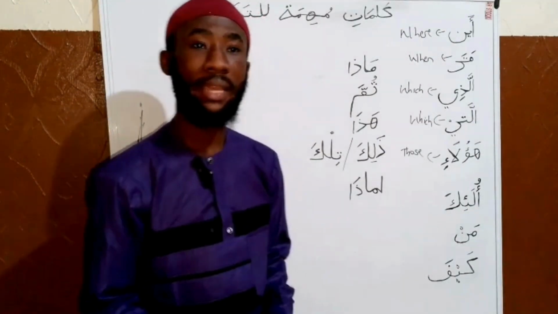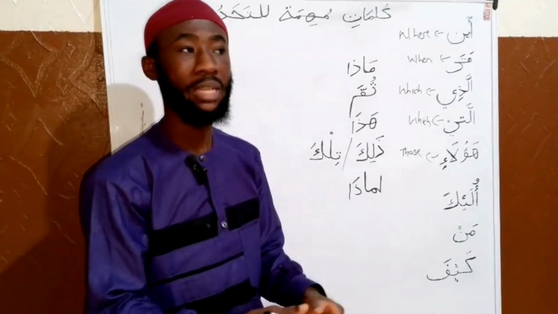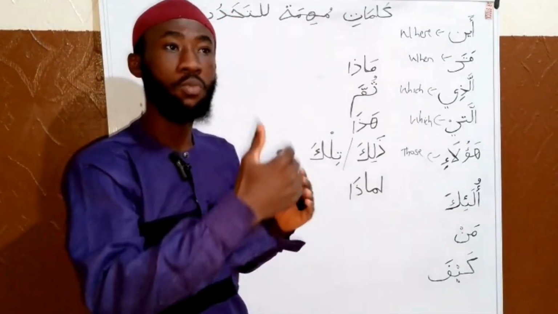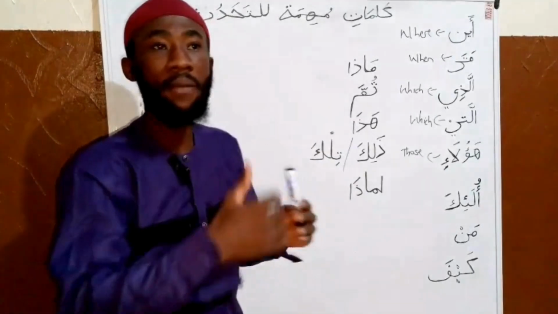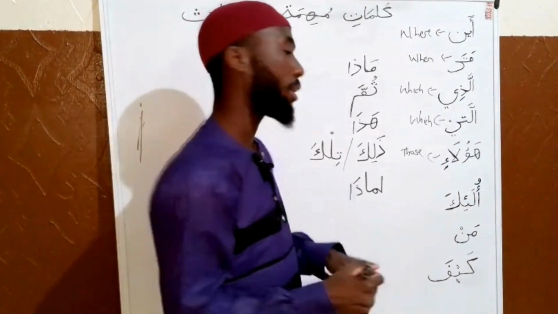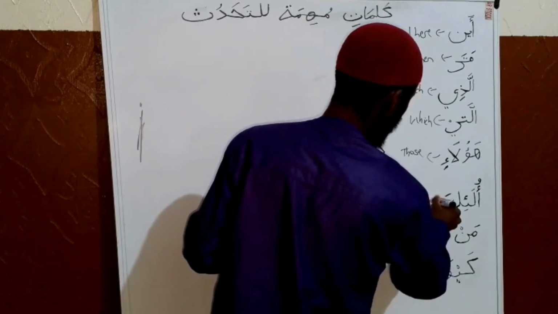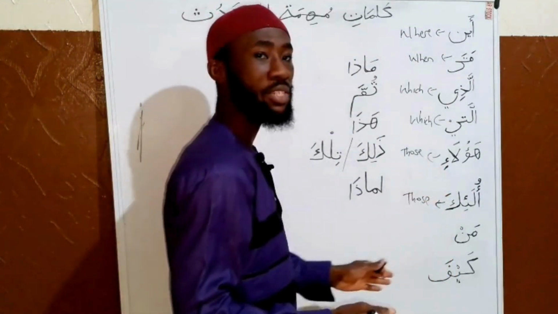Then we have ulaika. Ulaika also means those, a demonstrative noun as well, lil ba'id, for someone or something, intellectual or non-intellectual, that is very far away from where you are. It has the same meaning as ulai.